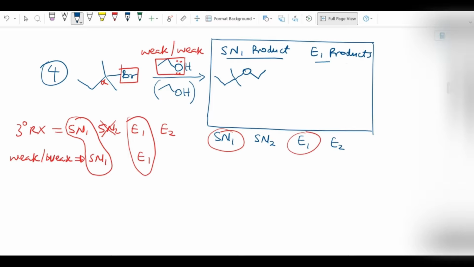And that's because there are 2 different beta carbons. So we have this particular beta carbon on the ethyl group, and then the other beta carbon, this one is on the methyl group. The methyl groups are the same, so we just have to choose one of those beta carbons.